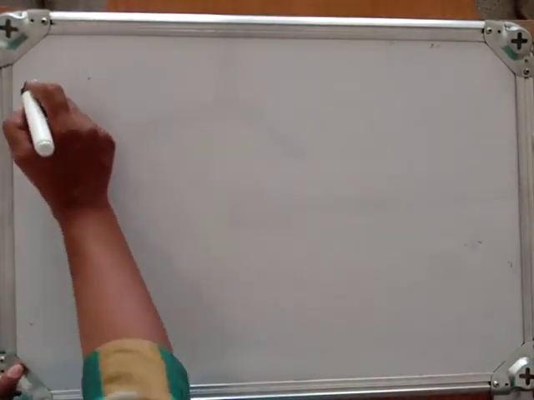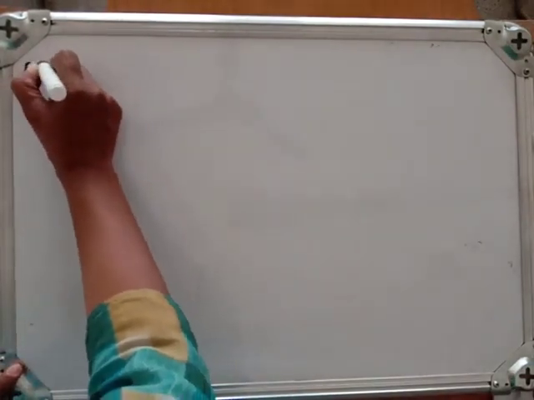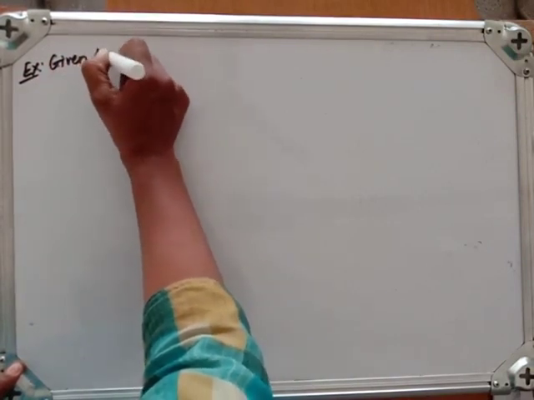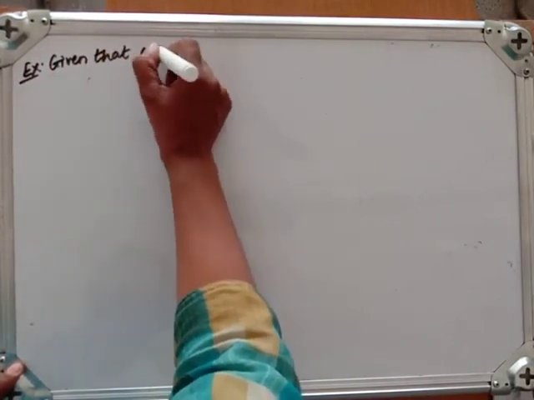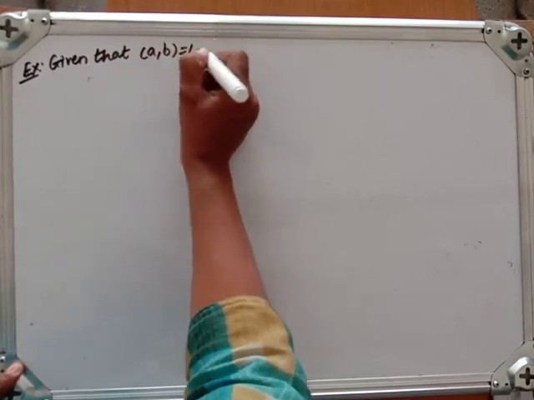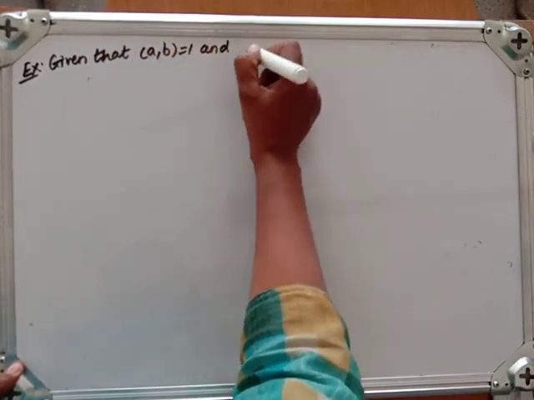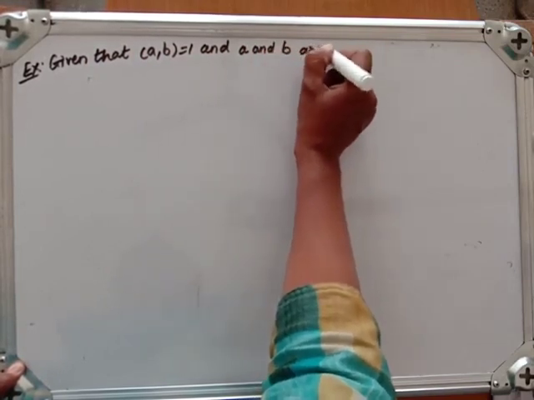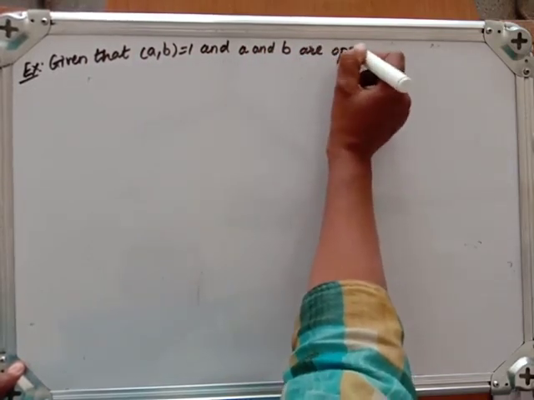Example: given that A and B are relatively prime and A and B are opposite in signs.